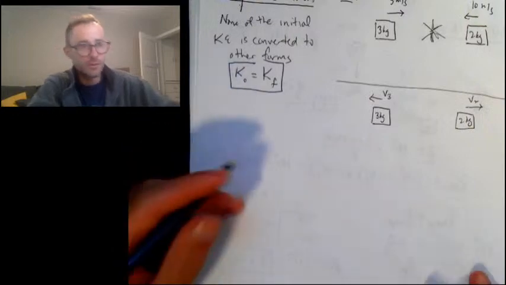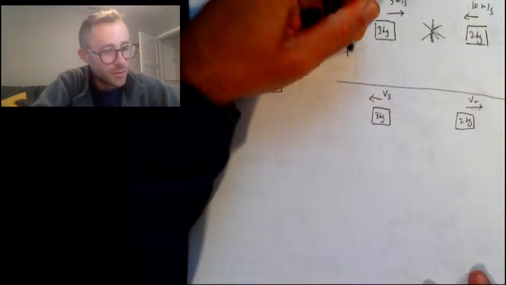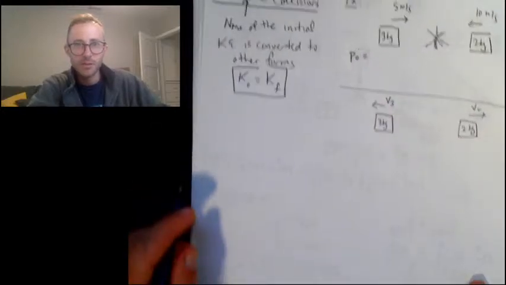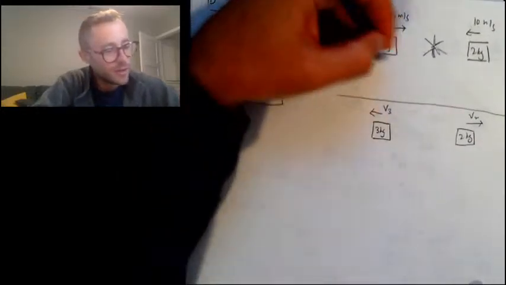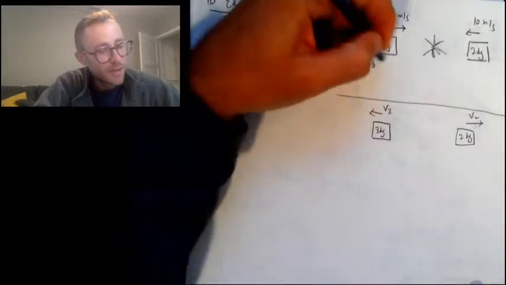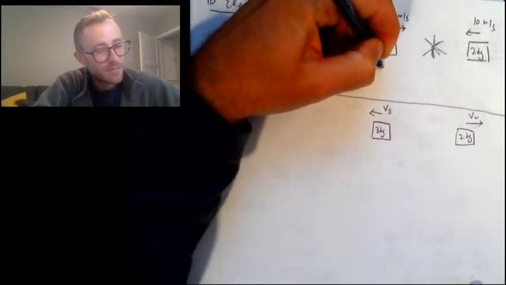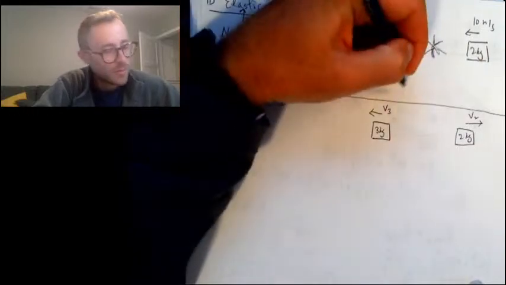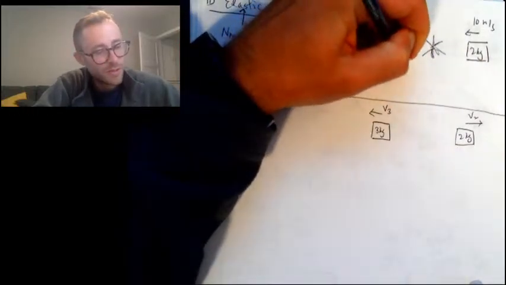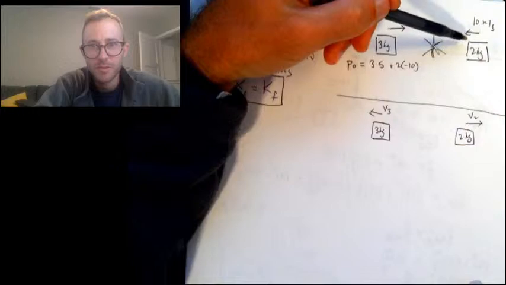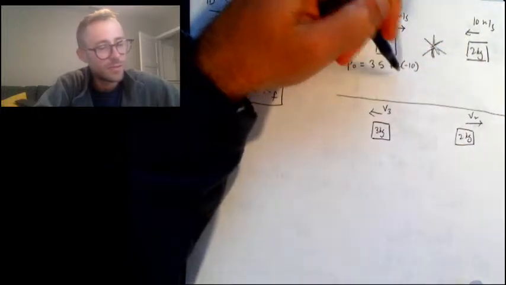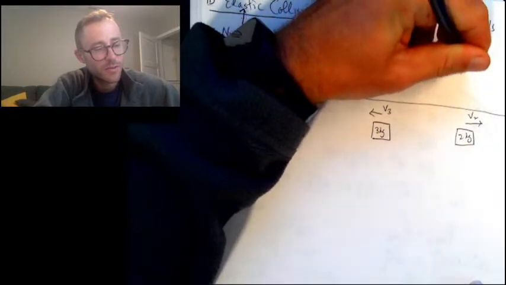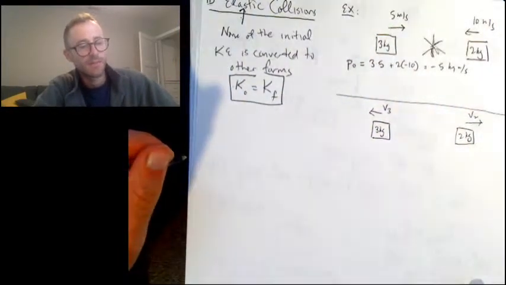So first of all, let's write an expression for the initial momentum. The initial momentum is going to be 3 times 5. So that's the momentum of this one, plus 2 times negative 10. That's the momentum of this one. So that's 15 minus 20, negative 5 kilogram meters per second. Okay?